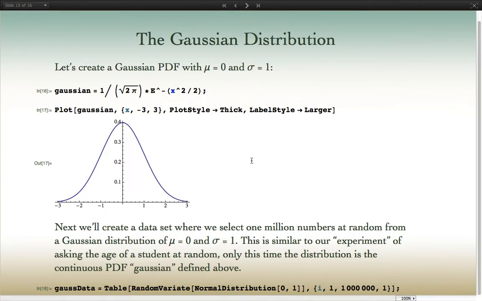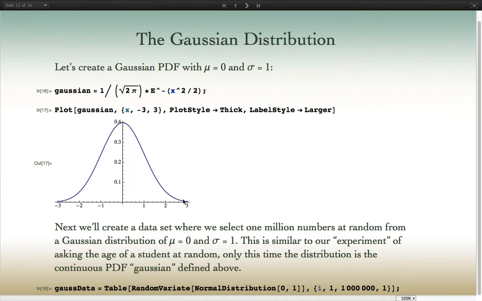This is the same idea, except I'm asking Mathematica to give me a random number from this Gaussian distribution that I've defined here. Each time it just gives me a random number. So we're much more likely to get a value that's, say, between negative 1 and 1. If we got a 3, we'd be pretty surprised, right?